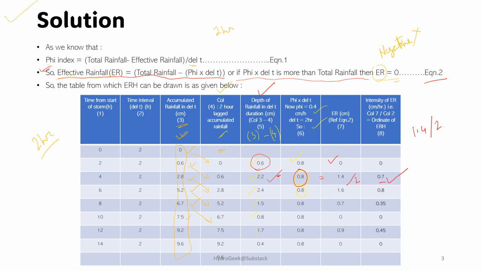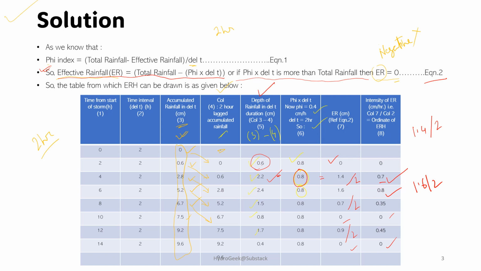So 1.4 divided by 2 is 0.7, then 1.6 divided by 2 is 0.8. Then 0.7 divided by 2 is 0.35, 0 cannot be divided, so 0. 0.9 divided by 2 is 0.45, and 0 stays 0. So we have found all the required ordinates of the effective rainfall hydrograph.